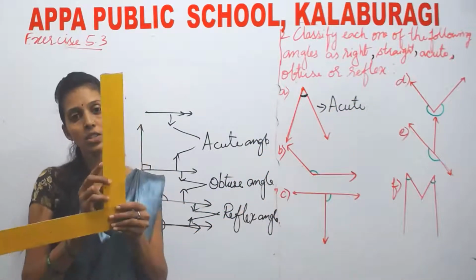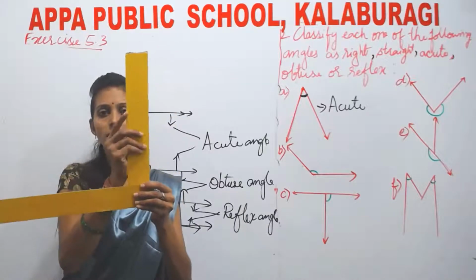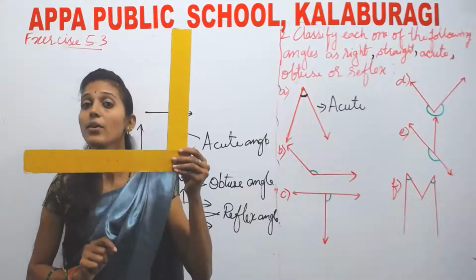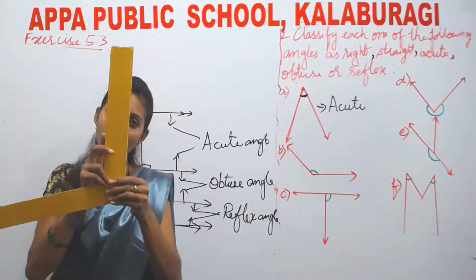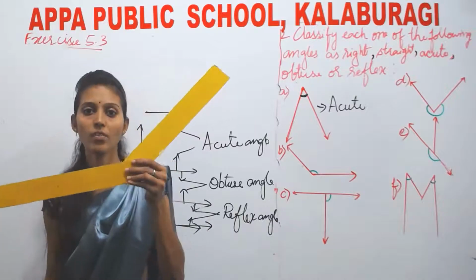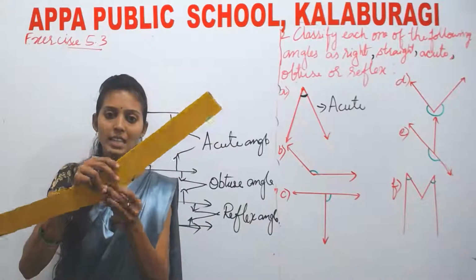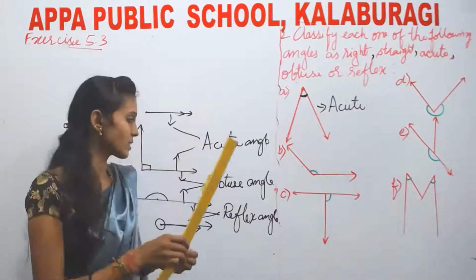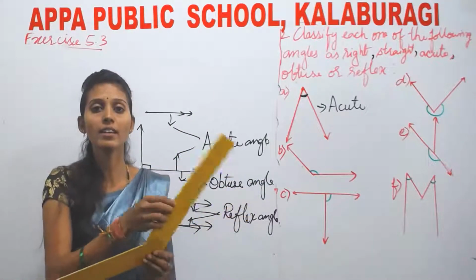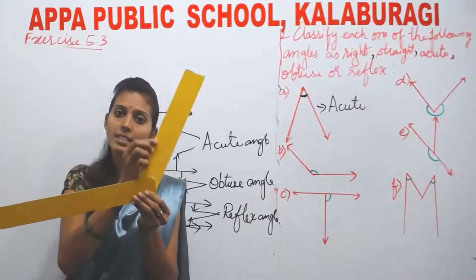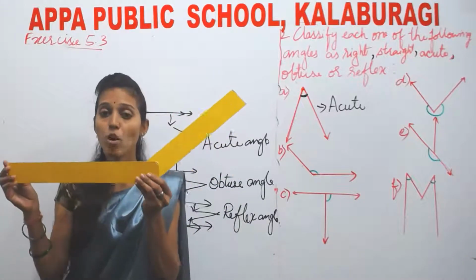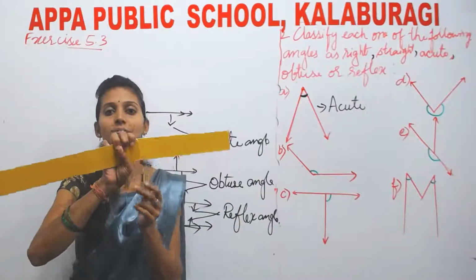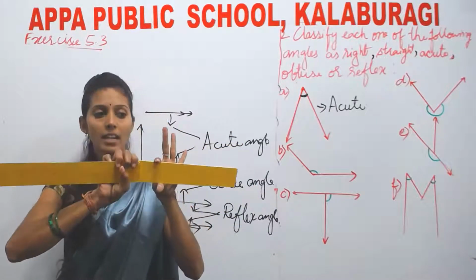Next, when it reaches horizontal and vertical, it measures exactly 90 degree. This is a right angle. Again, if it starts to move more than 90 degree and less than a straight angle, this is nothing but an obtuse angle. More than 90, less than 180 is nothing but an obtuse angle. Then obviously both the initial ray and final ray make a straight line.